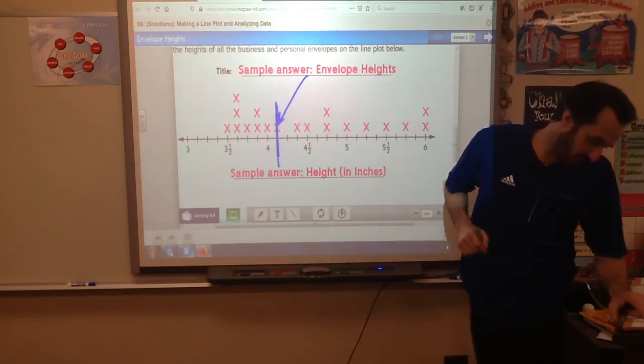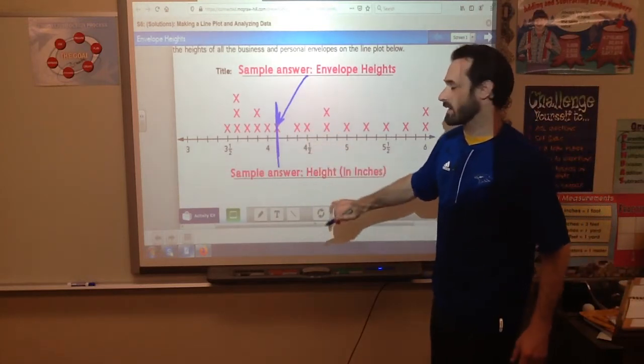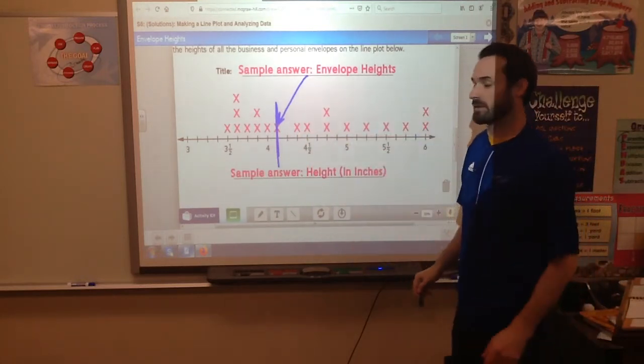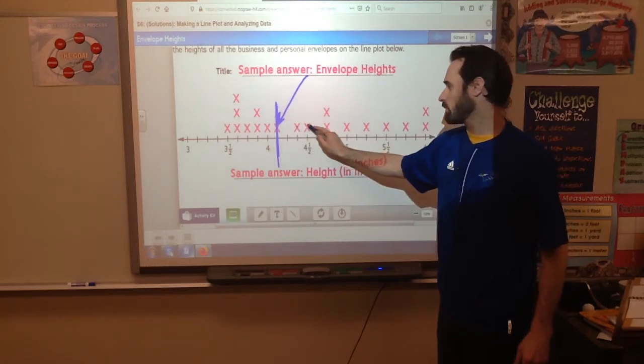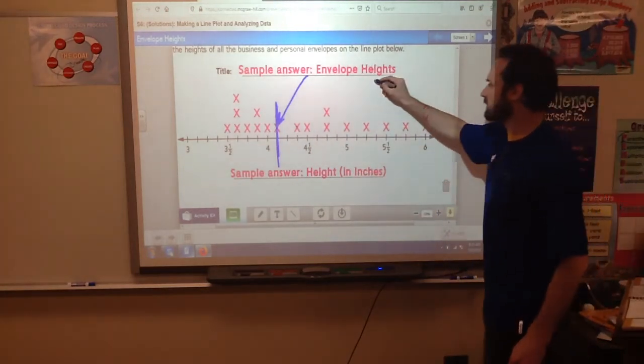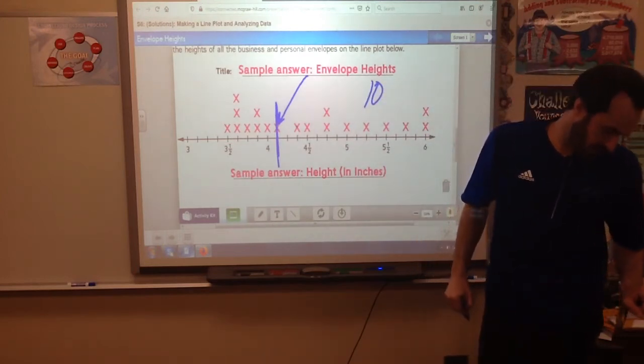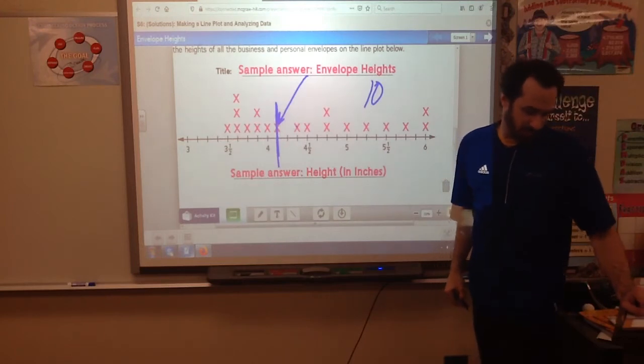This one just says, how many are larger than? So let's count the x's. Count all the x's that are larger than that. 1, 2, 3, 4, 5, 6, 7, 8, 9, 10. So the answer for letter A and number 5, page 287, is 10.